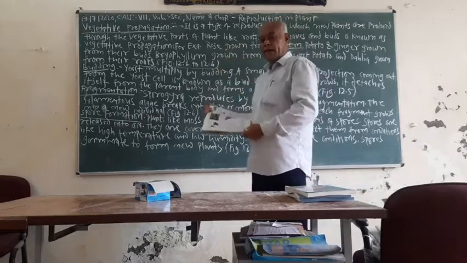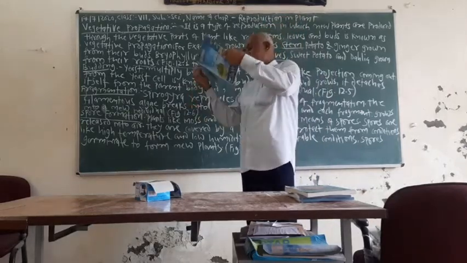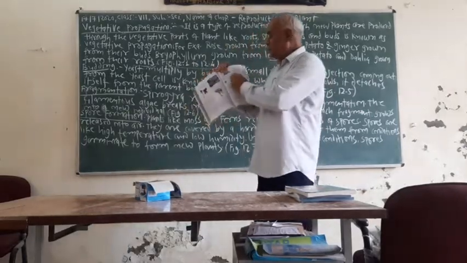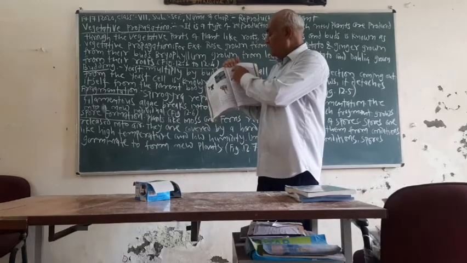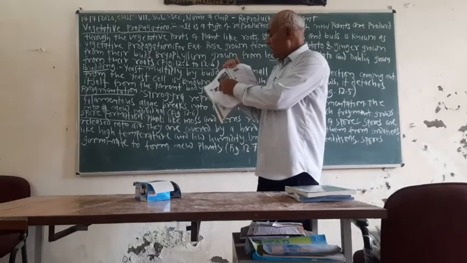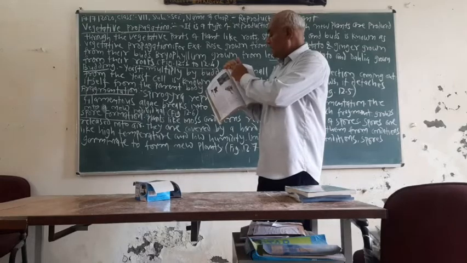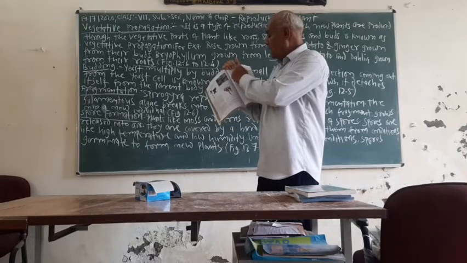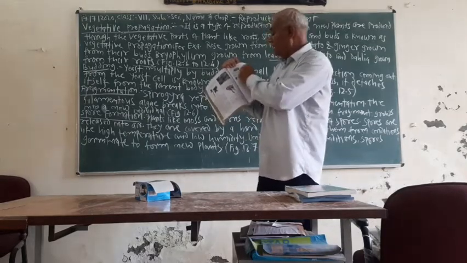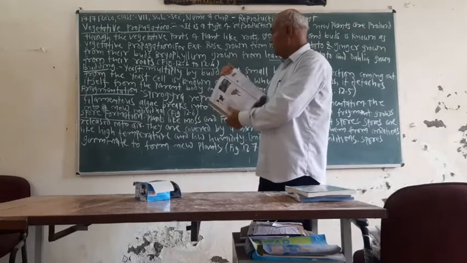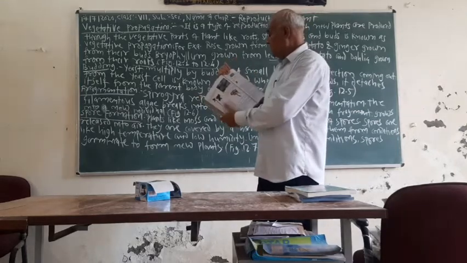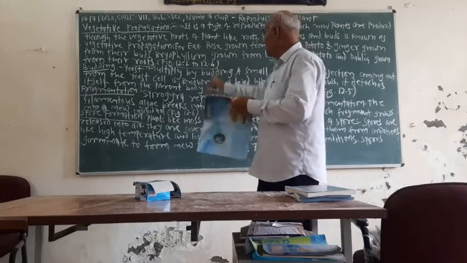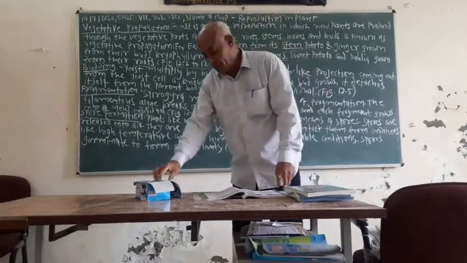On page 135, Bryophyllum leaves are given with the margin of the leaves. There are buds on the leaf and each bud produces a new plant. This is figure 12.4.